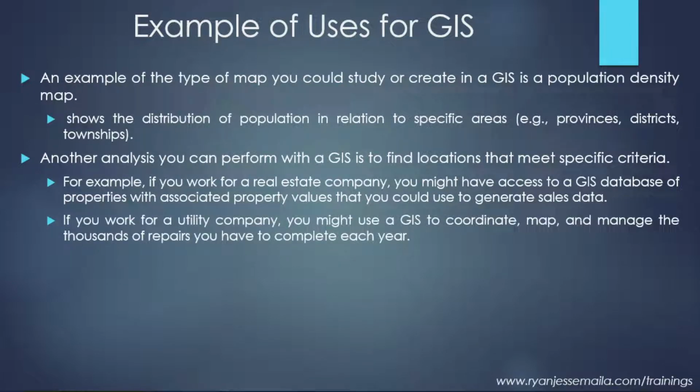Another example is if you work in a utility company, you might use a GIS to coordinate, map, and manage the thousands of repairs you have to complete each year. Maybe you're working for a power generating company like ZESCO, and you are receiving quite a number of complaints from different clients. It could be a water utility company.